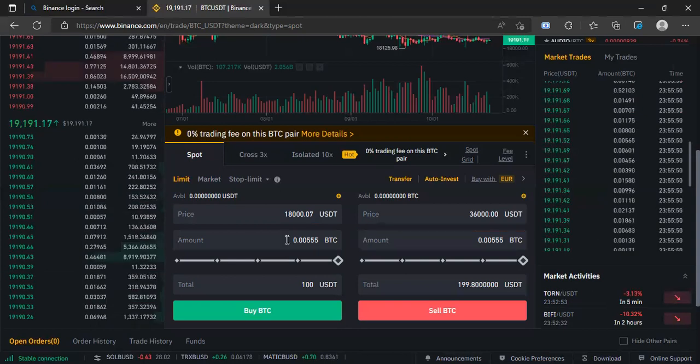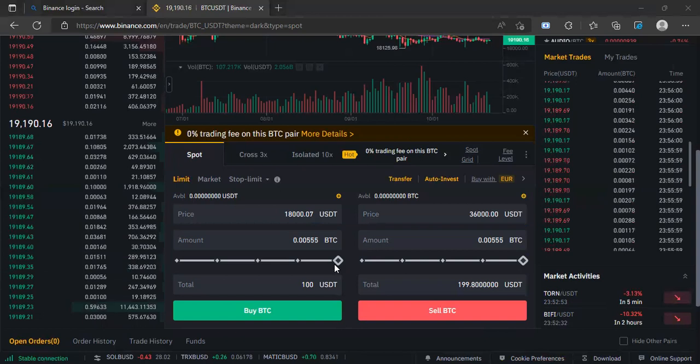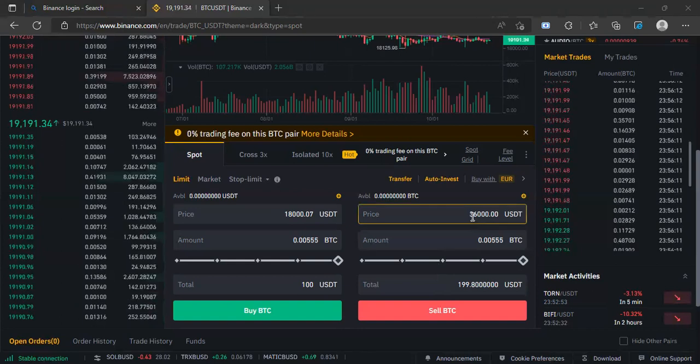So for example, you bought Bitcoin at 18,000. If you have that much Bitcoin, you go to sell and you place an order below price. That means that if price goes below your order, it's gonna take you out at that price. Right here, you put it at 36,000, meaning that if it goes up, but if it goes down, let's say, for example, put in 17,000 right there.